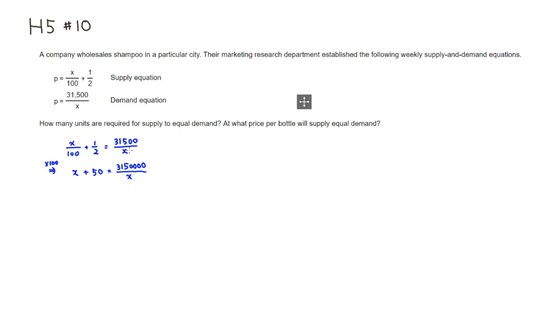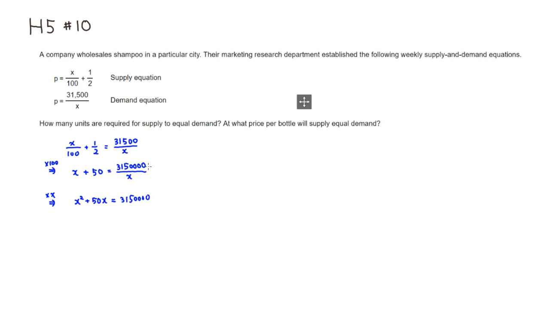Again, I don't like fractions, so I'm going to multiply through by x. That way we can get rid of the denominators. So you have x squared plus 50x is equal to 3150000.